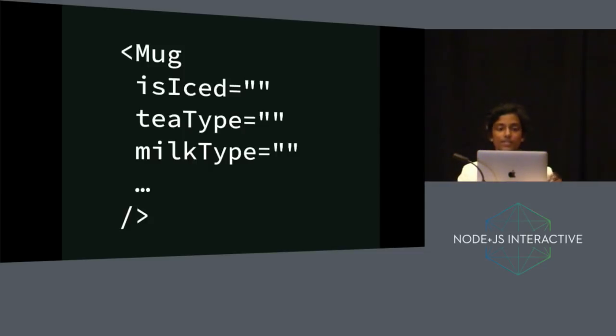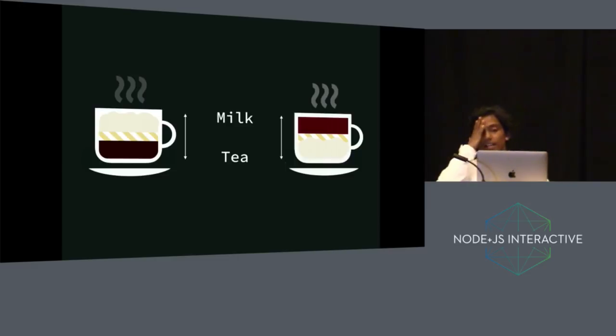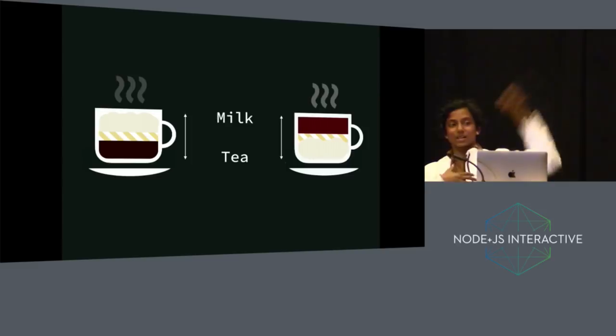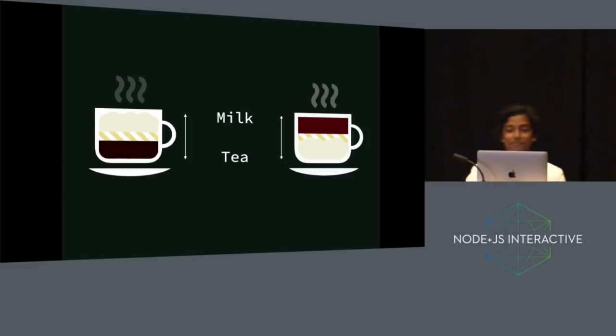Where the problem lies with this specific thing is that if you wanted to change the order of your components, so if you're someone who prefers to put milk on the bottom of your teacup and then add tea like a heathen, then you cannot do that with the mug component that we've created, because the mug component already determines the logic of how things are rendered.